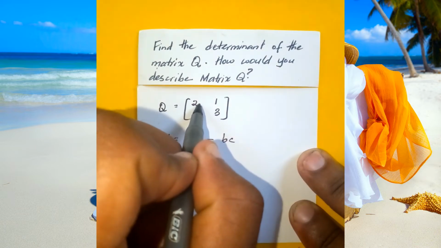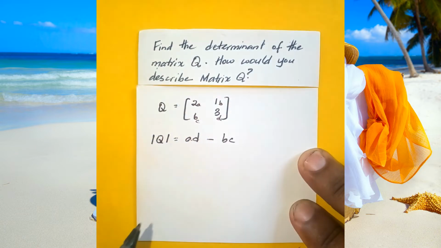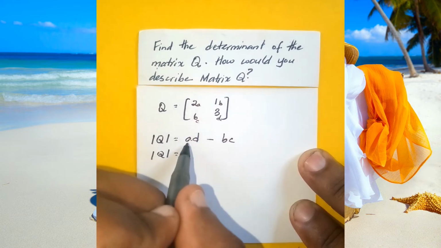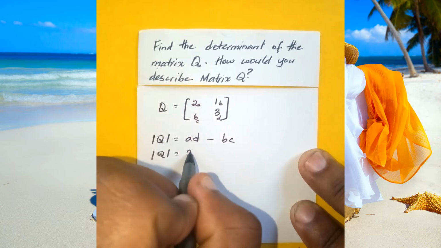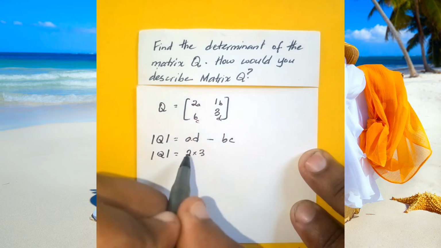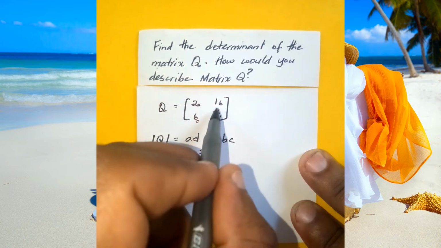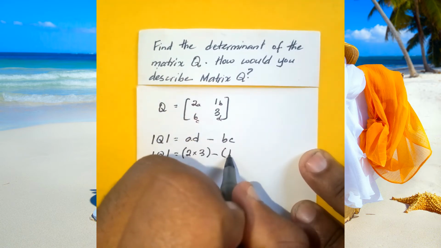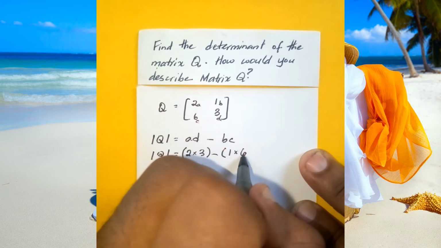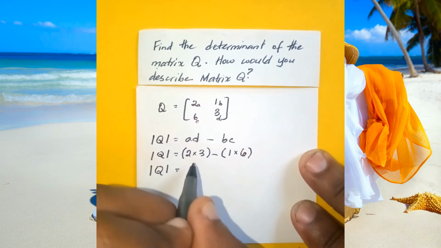So this one is going to be A, this one is B, C, and this one is D. So I'm following the formula step by step and I'm not rushing. So A is 2, and I'm going to multiply that with D, which is 3. Then I'm going to subtract B value, which is 1 in the matrix, and I'm multiplying that by C value, which is 6 in the matrix.